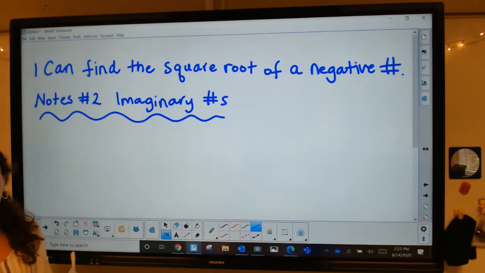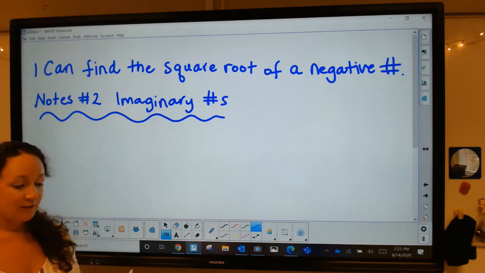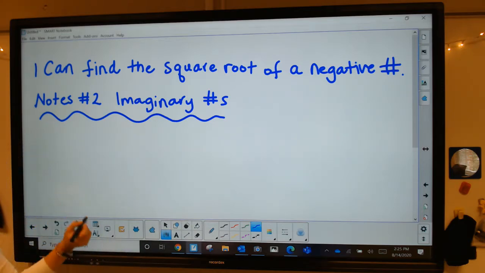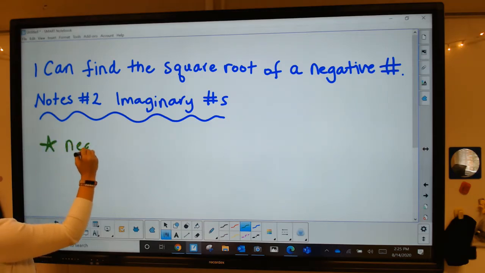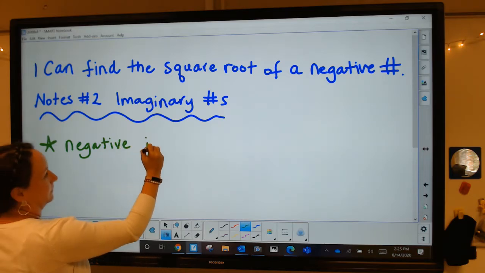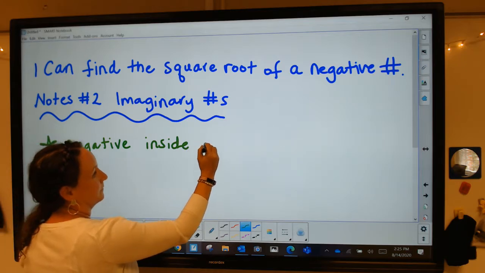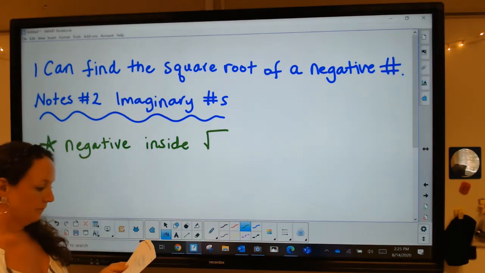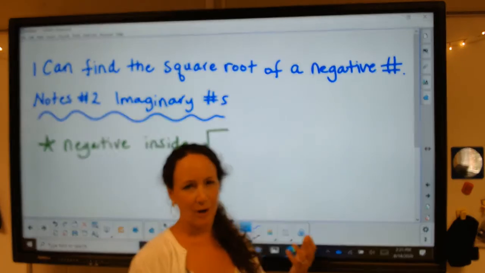So imaginary numbers come into our vocabulary when there's a negative inside of the square root. You may have tried this before.